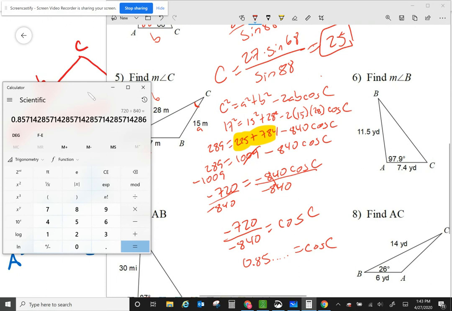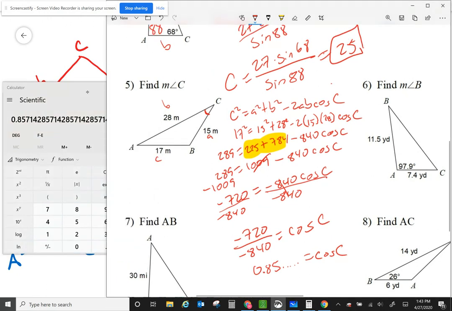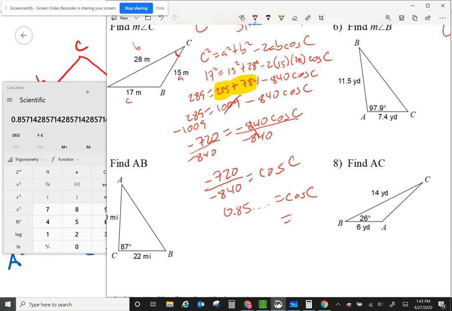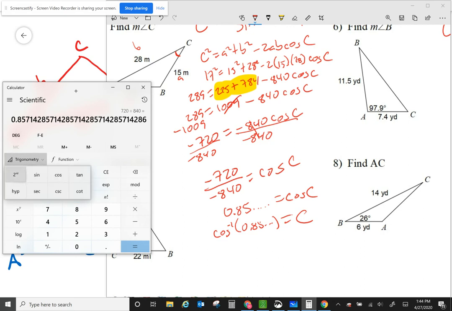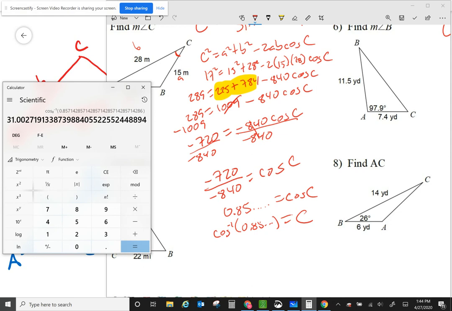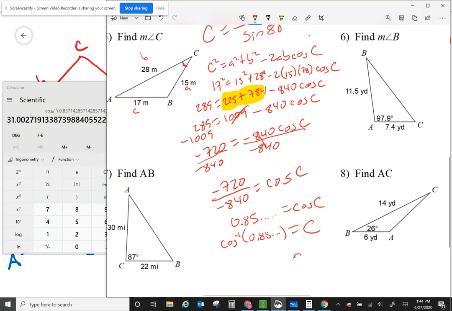So I'm just going to say that c is equal to cosine inverse of my decimal. All right, so I'm just going to go cosine inverse of that decimal, 31.002, rounded to one decimal place. I'm just going to say angle C is equal to 31.